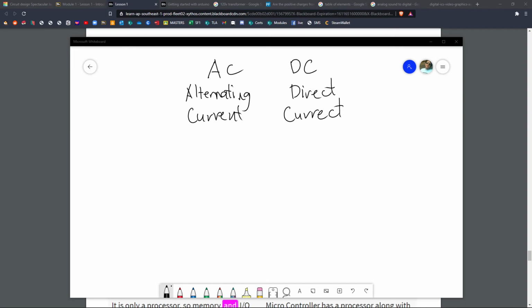For alternating current, we are using this as a way to transmit electricity. One major advantage of alternating current is that you can transmit it over long distances. For example, ang main source of energy natin dito sa Davao, wala dito sa ating region.